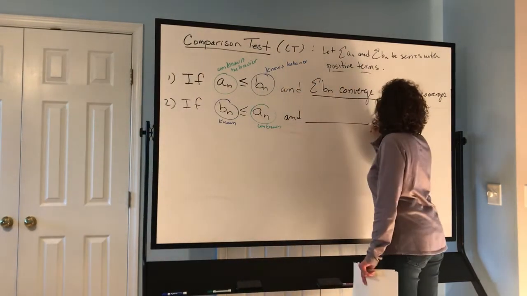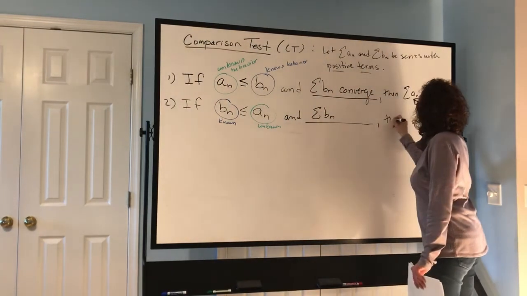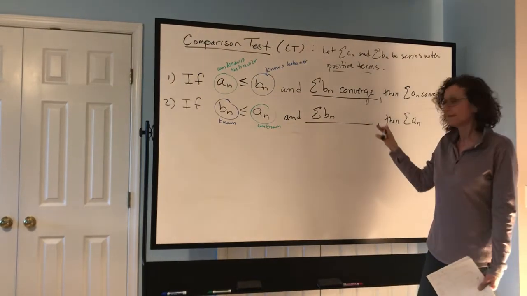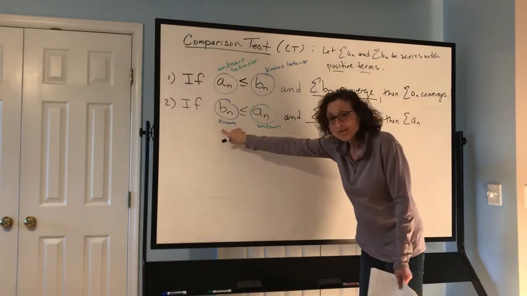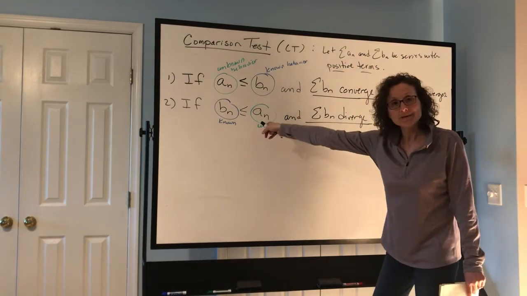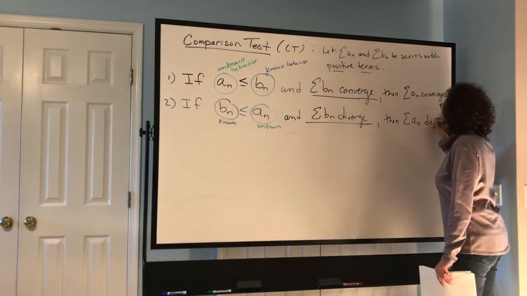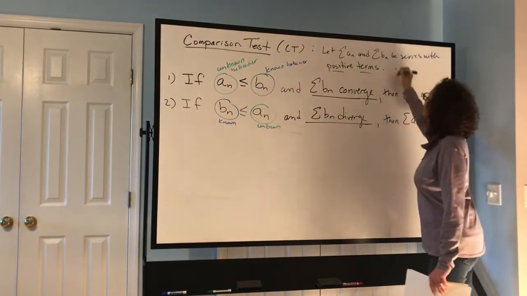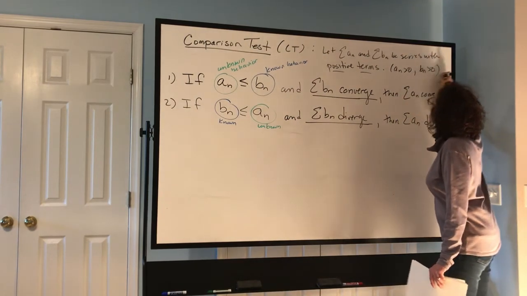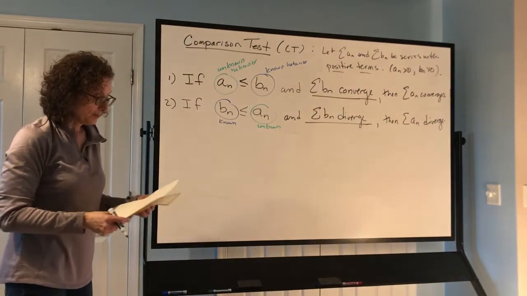And I know something about the b_n series, the known guy. Then I'm going to be able to conclude something about the a_n series. What do you think it is? Good. If the smaller things diverge, then adding up things that are bigger and positive also diverge. So don't forget, a_n's are positive, all of them, b_n's are positive, in order to apply the limit comparison test or the comparison test.